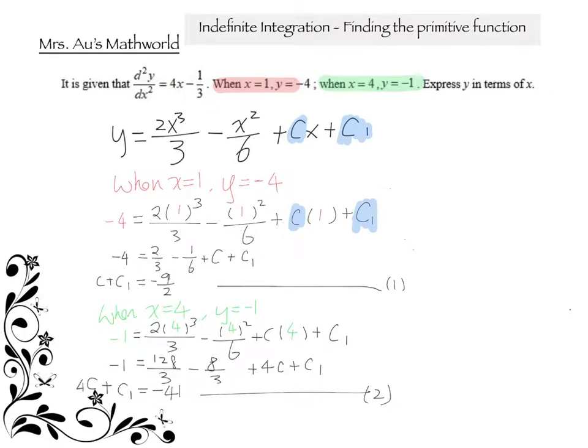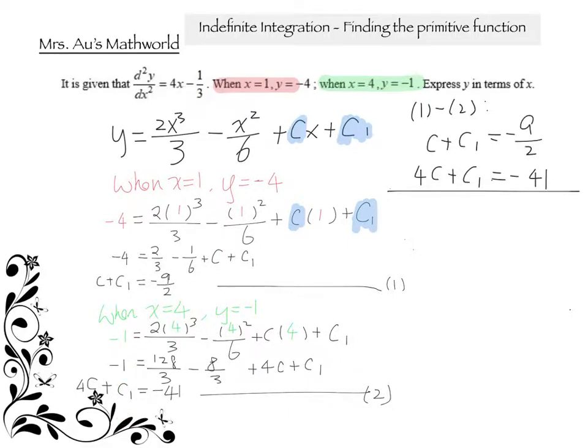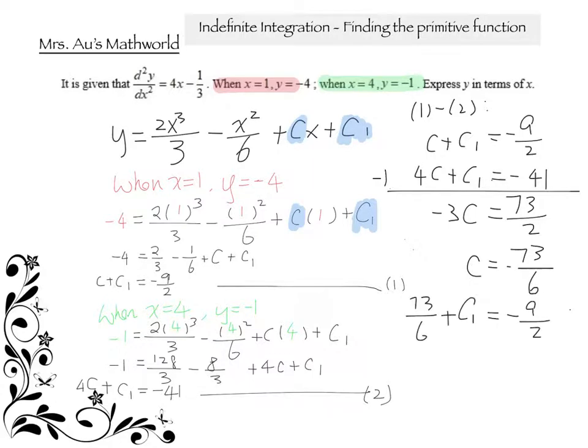Finally, we solve the equations for c and c1. This time we can use the method of elimination, because with equation 1 minus equation 2, we are already able to find the value of c. Solve it, and you can find the value of c. Substituting back into equation 1, you will get the value of c1.